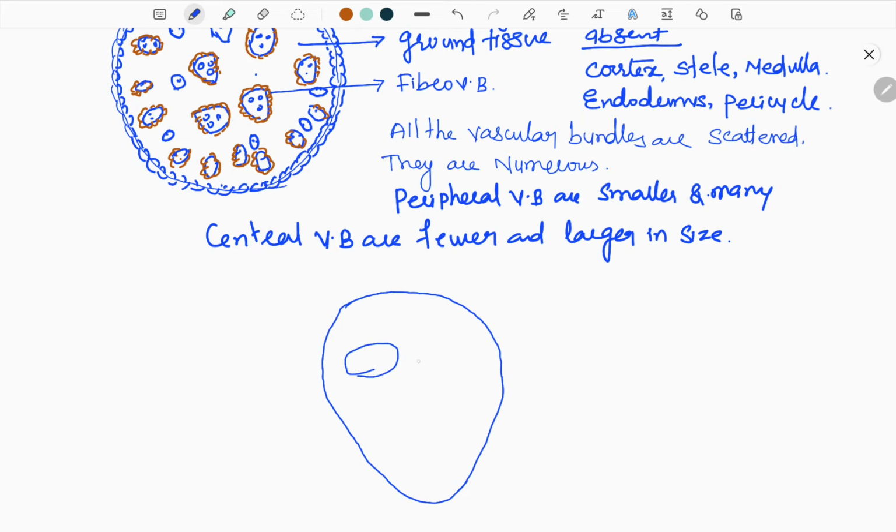Here we find the metaxylem. Metaxylem means primary xylem only, but later formed xylem is called metaxylem, and this is the protoxylem, and this is the protoxylem lacunae. And here you find the phloem. This is phloem.